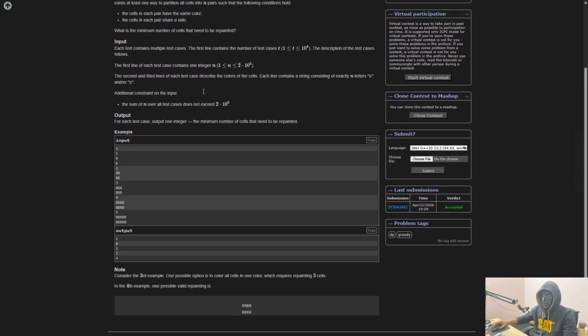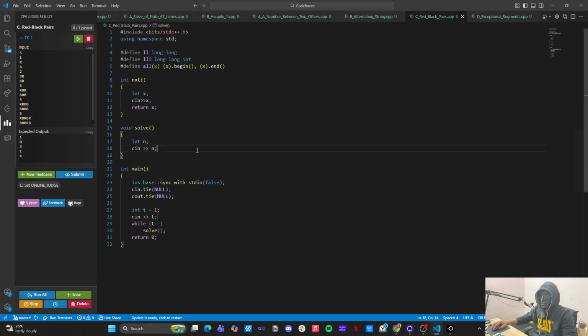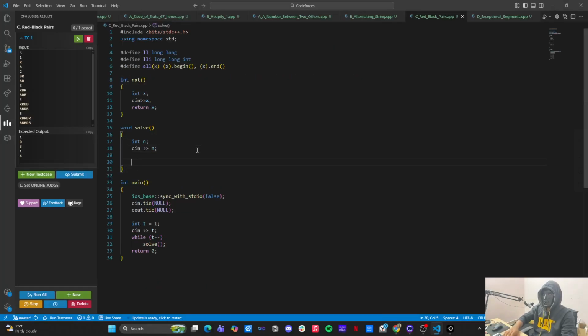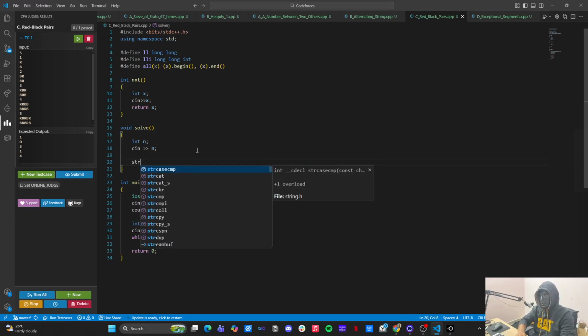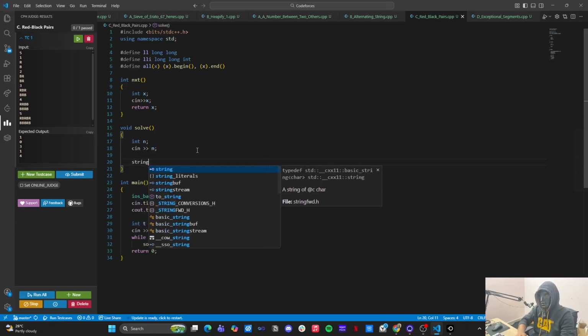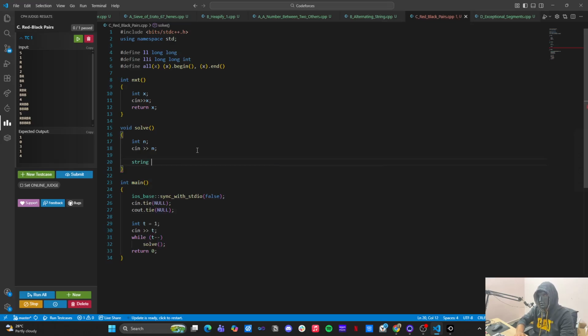So we have test cases, and in the test case we have integer n denoting the 2 cross n matrix. Now I'll take strings top and bottom.